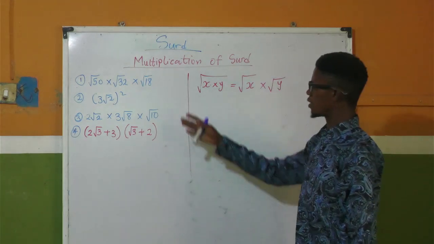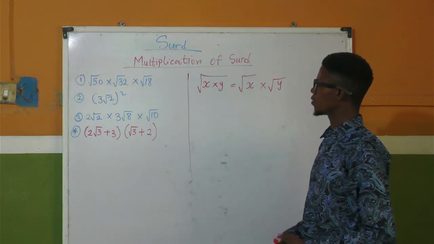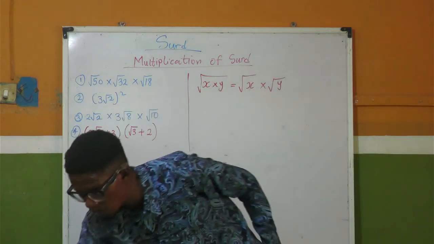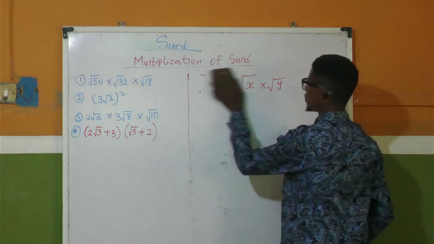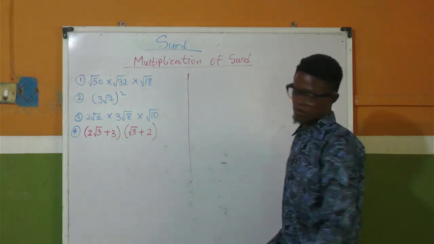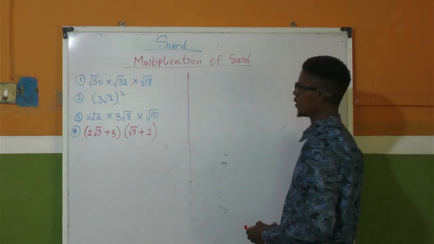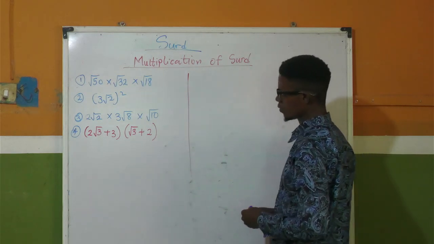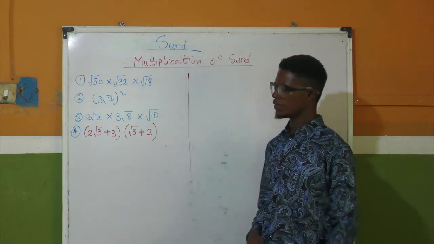You may need to simplify your expressions before you go on to do your multiplications. So now let's solve the questions that we have here and quickly run through the solution of each. Number one is root 50 times root 32 times root 18.